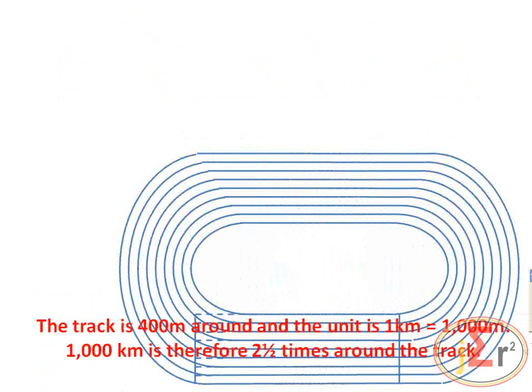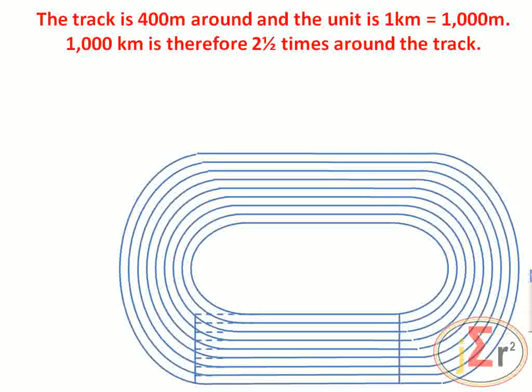There's your track. The track is 400 meters round, and the unit that we are talking about is 1 kilometer, if we are just taking a look at whether or not a kilometer is a good unit to use to measure the length of your classroom.